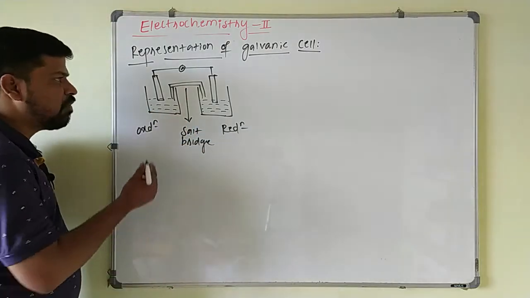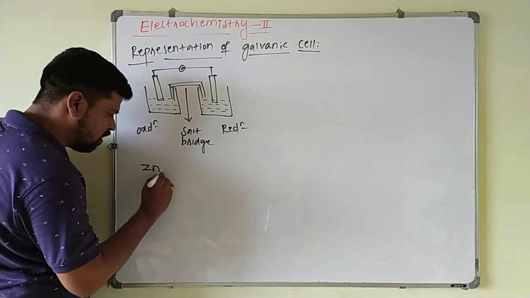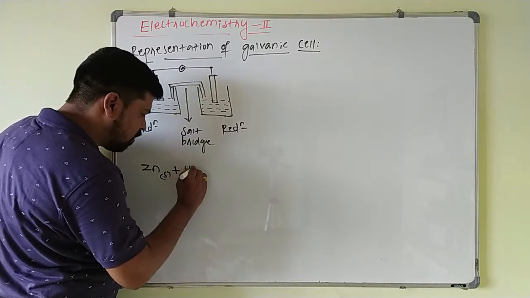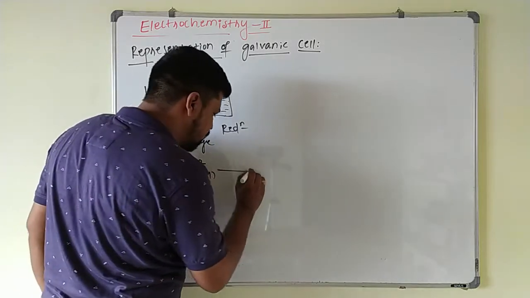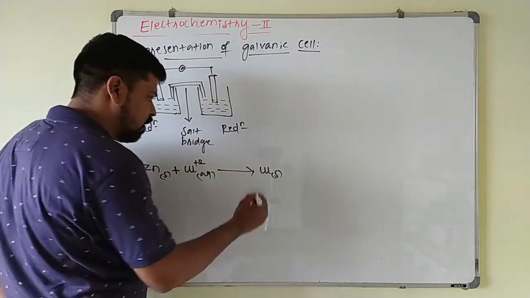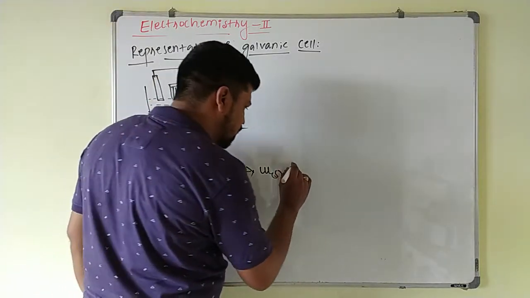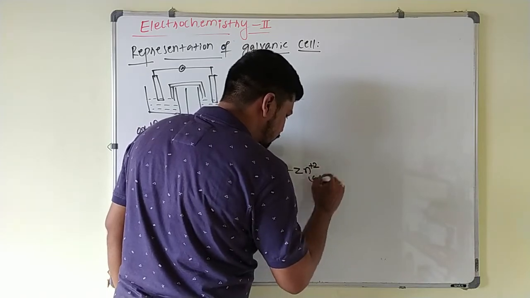For the oxidation half cell, if I take a Daniell cell, what happens? Zinc from the solid is undergoing oxidation, and copper is undergoing reduction. Copper +2 from the aqueous medium will be reduced and deposited at the cathode, and here zinc from the solid is undergoing oxidation, and Zn+2 ions are obtained in the aqueous solution.